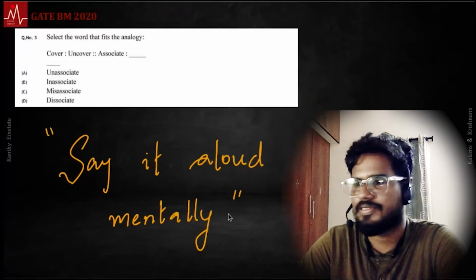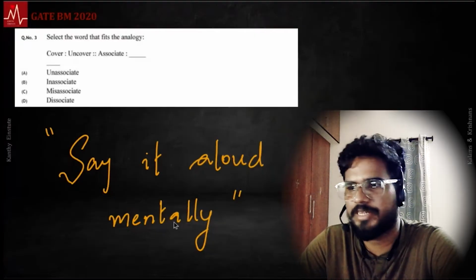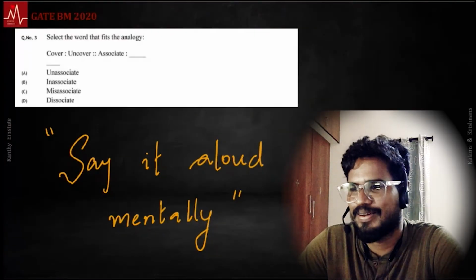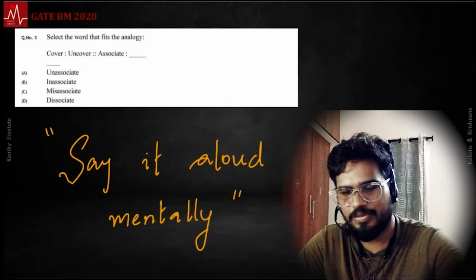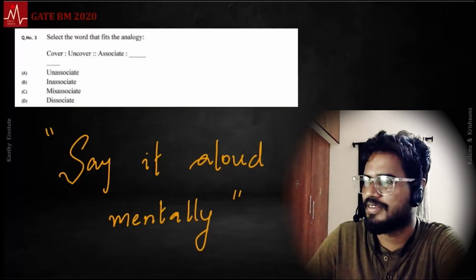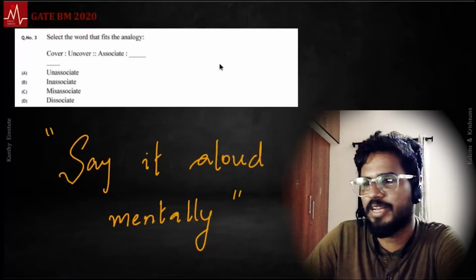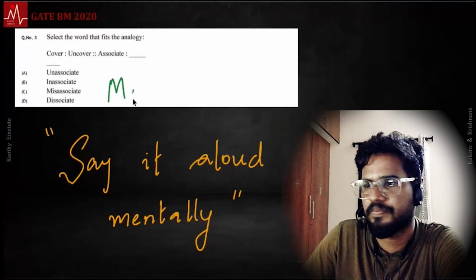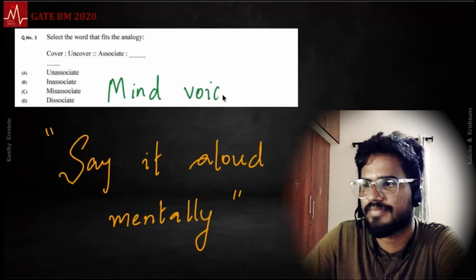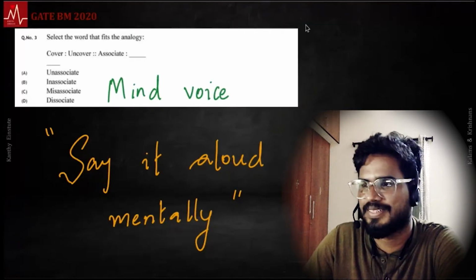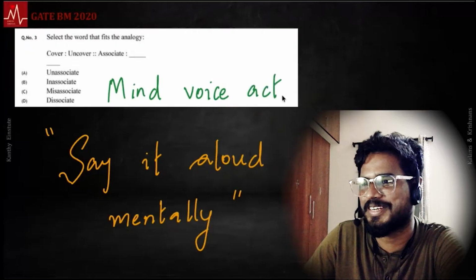There is this inner sense. There is a spider sense, Spider-Man's spider sense. Analogous to that, there is this mind voice sense, which should be activated as a rule of thumb. Sir, I was trying to activate my mind voice for 3 hours.